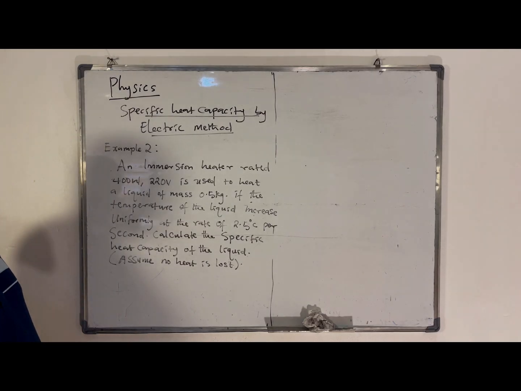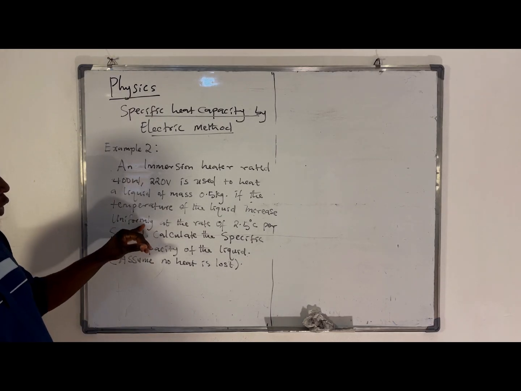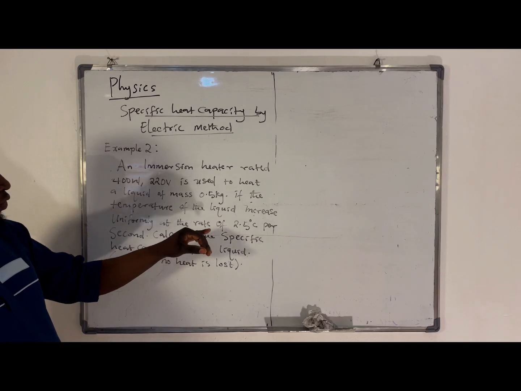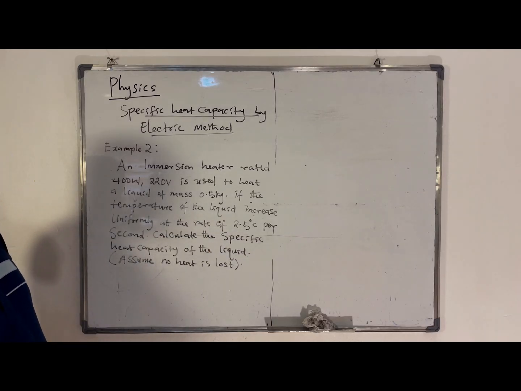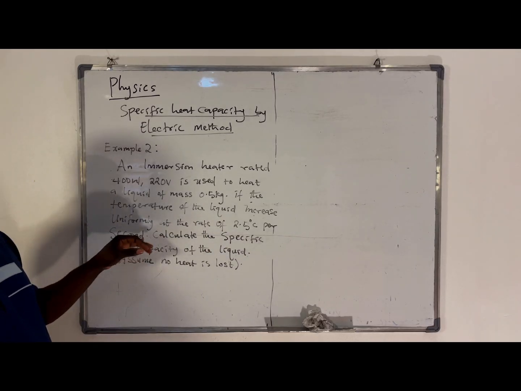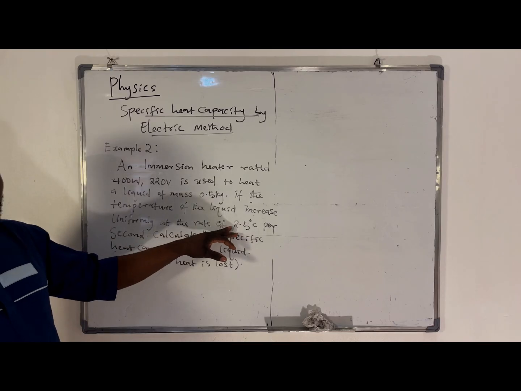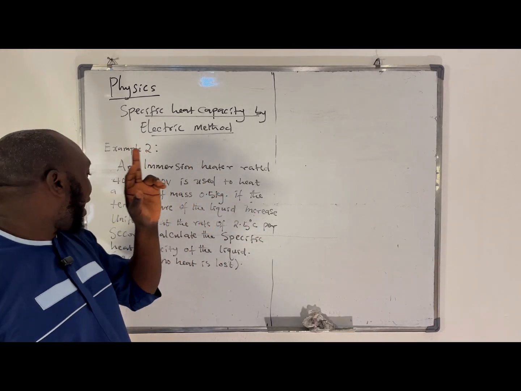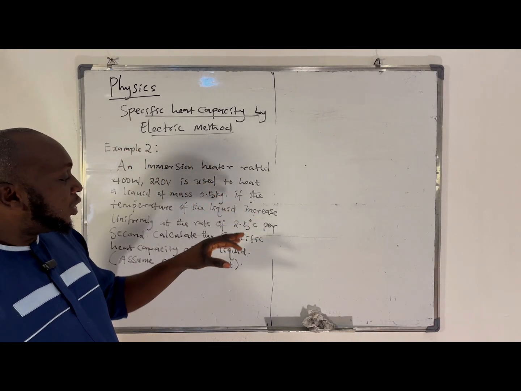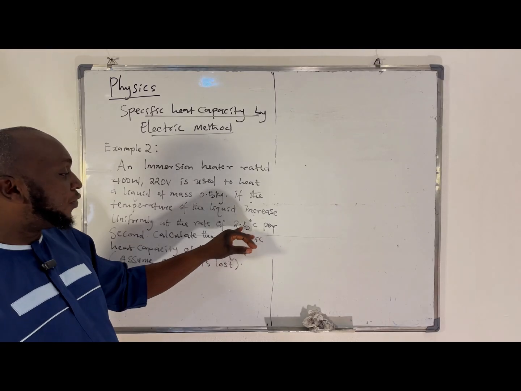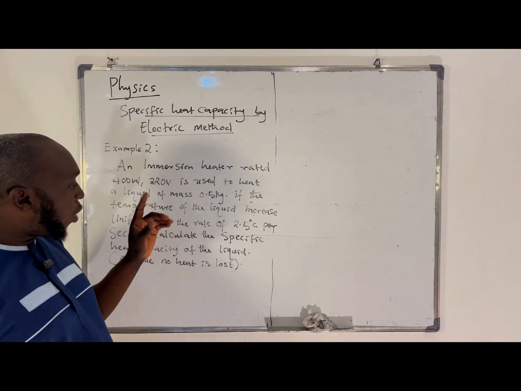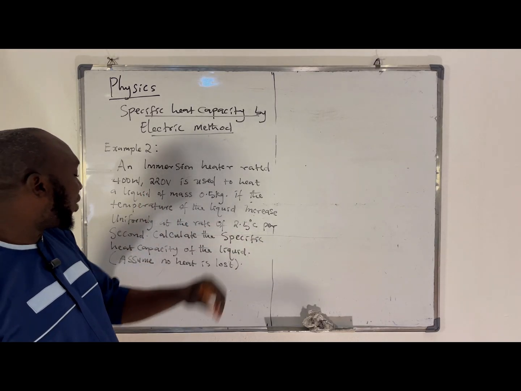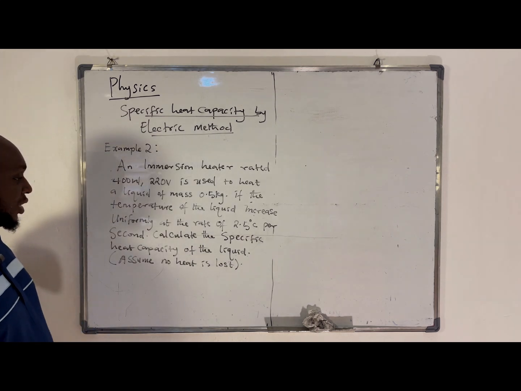If the temperature of the liquid increases uniformly at the rate of 2.5 degrees Celsius per second, what this means is that for every 1 second, the change in temperature is 2.5 degrees Celsius.